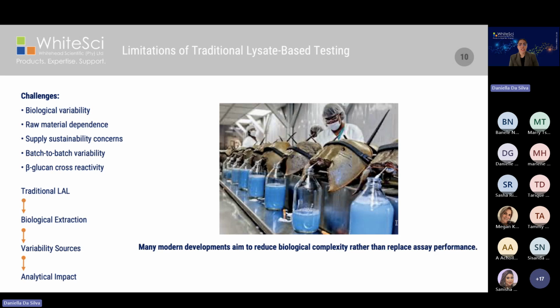In addition, the traditional coagulation cascade contains multiple biological components, and some pathways may respond to substances such as beta glucans, which are naturally found in these types of biological systems. This then sometimes contributes to unwanted signal generation in certain sample types. These limitations do not diminish the value of LAL testing, but it is important to acknowledge them.